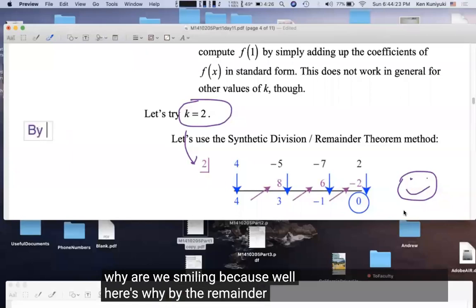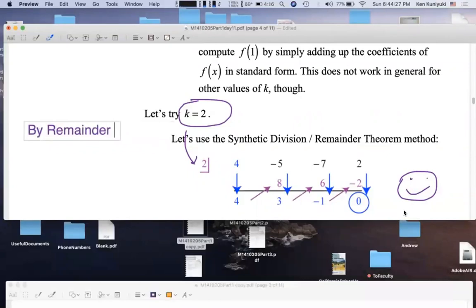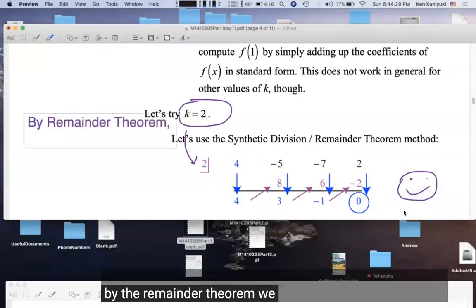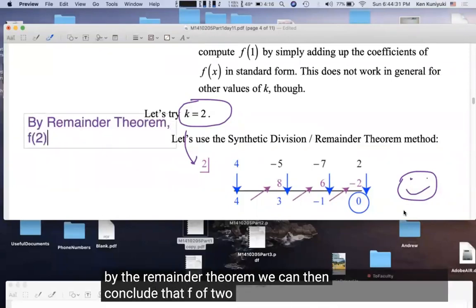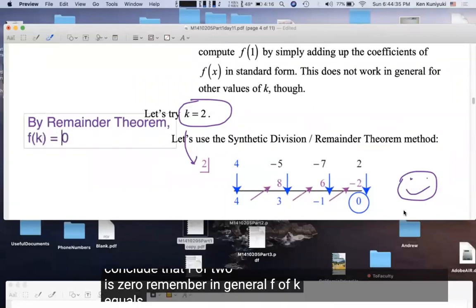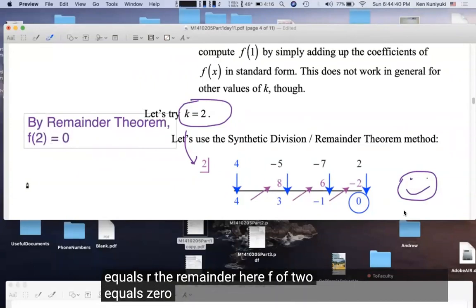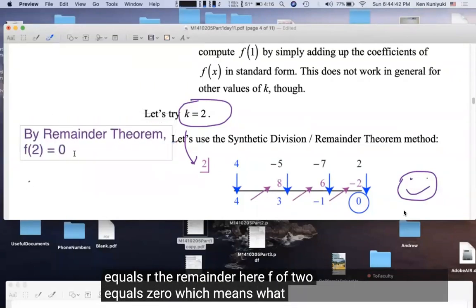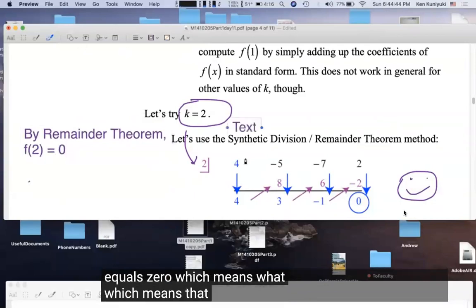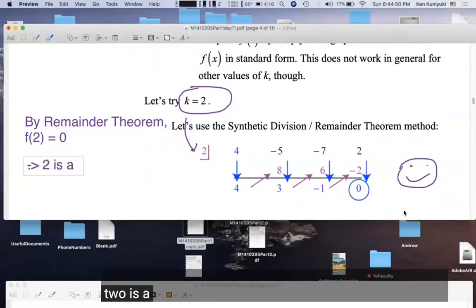By the remainder theorem, remember that? By the remainder theorem, we can then conclude that f of 2 is 0. Remember, in general, f of k equals r, the remainder. Here, f of 2 equals 0. Which means that 2 is a 0 of f.